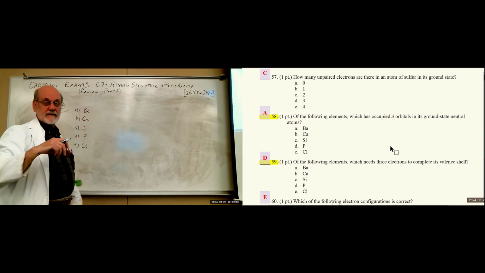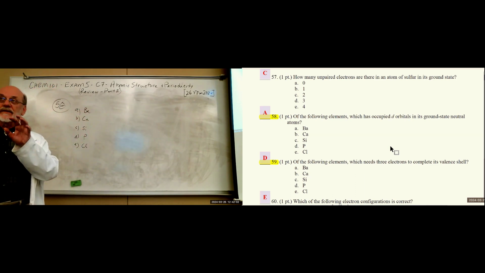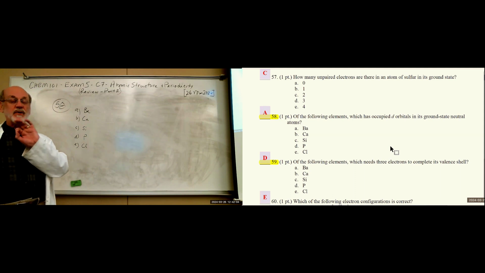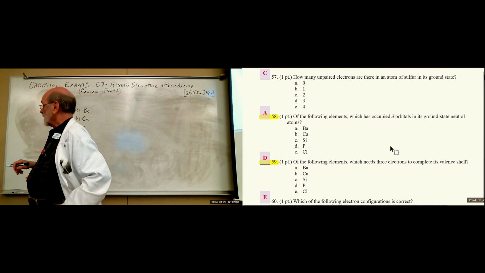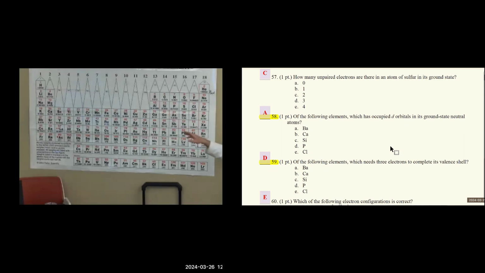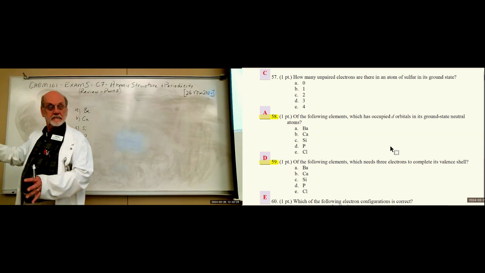I would go at it by eliminating the ones that can't possibly have d orbital electrons. Anything from calcium on back won't have d electrons in it. Once you get into here, you have d electrons, and then everything past that has d electrons in it.